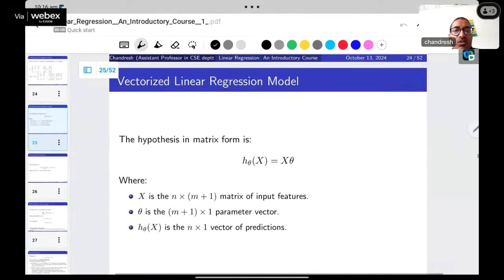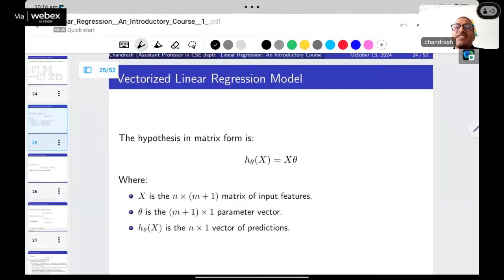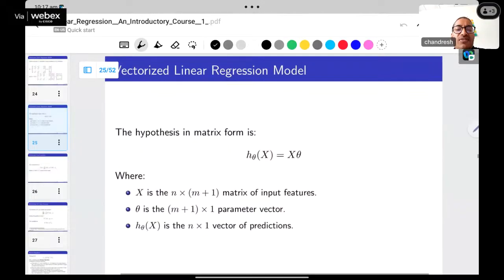Before I jump into what gradient descent is, I think all of you had a session on linear regression, right? Yes, sir. So let me give a brief primer and motivate why we require this.